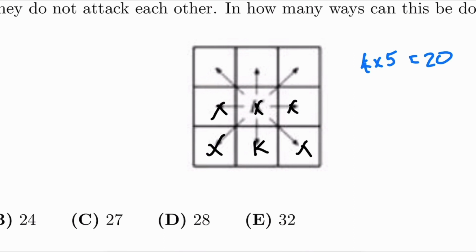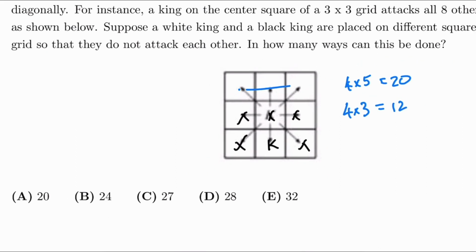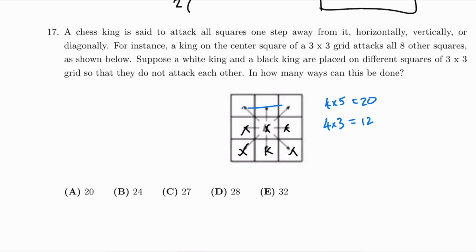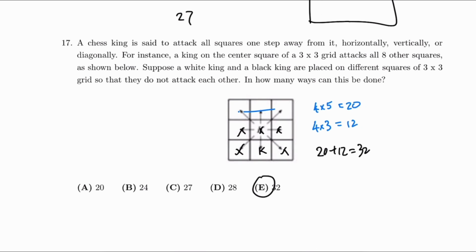Therefore, we would have these 3 open. That is, we have 4 times 3, which is 12 different ways. Therefore, we would have E, or 32 different ways in total for us to get this done, where the black king and the white king don't attack each other.